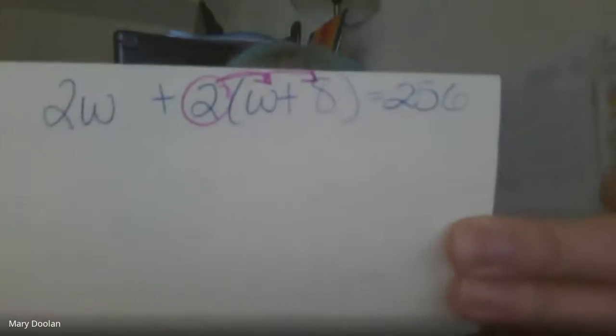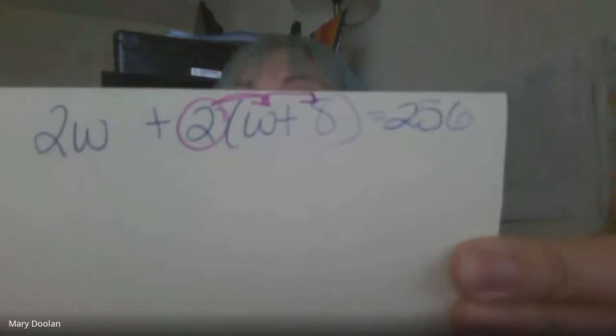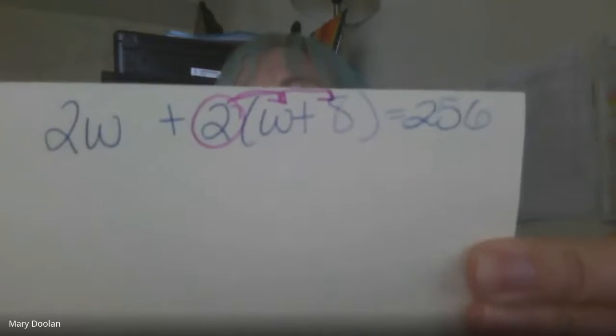So you're probably going to need just a piece of paper, something to write on right now, so you can work this out. Because this is probably the first thing you want to do. You're going to want to take 2 and distribute it to the W and the 8. You're going to multiply 2 with W, multiply 2 with 8.